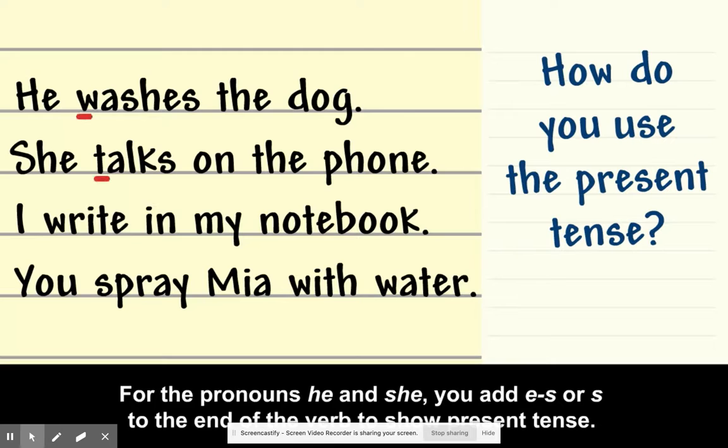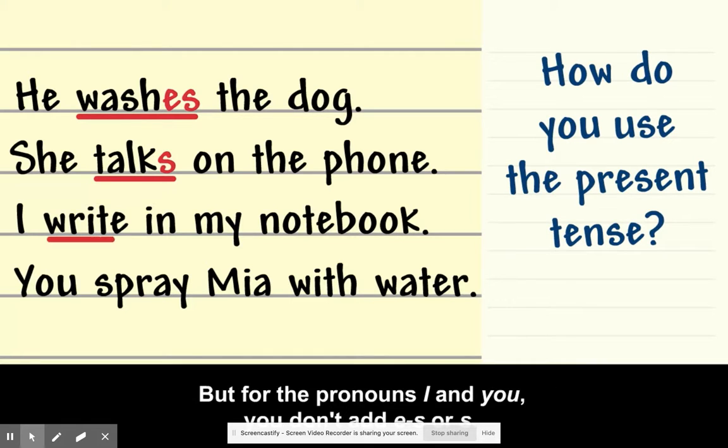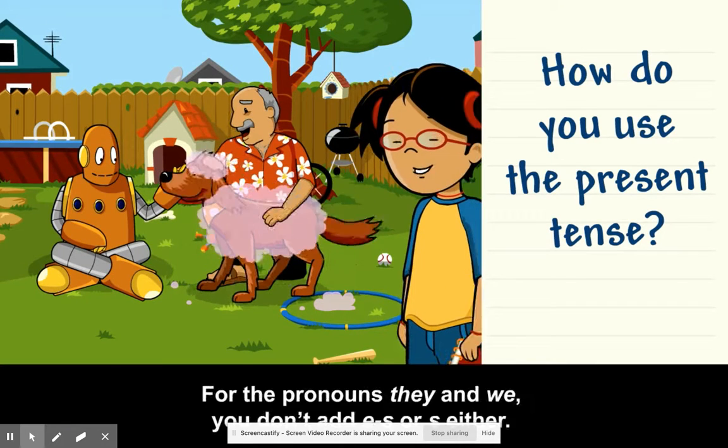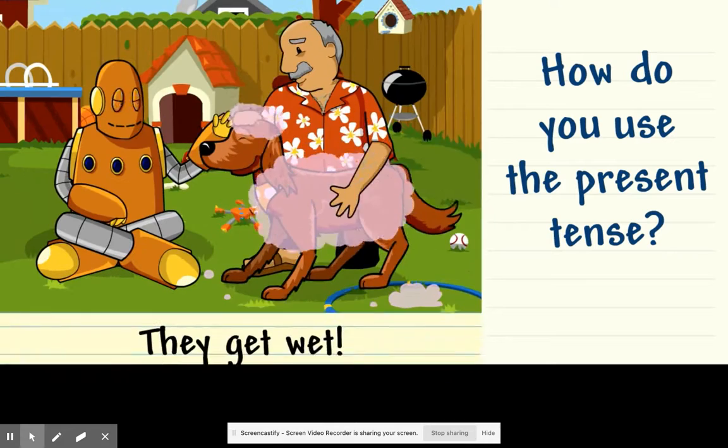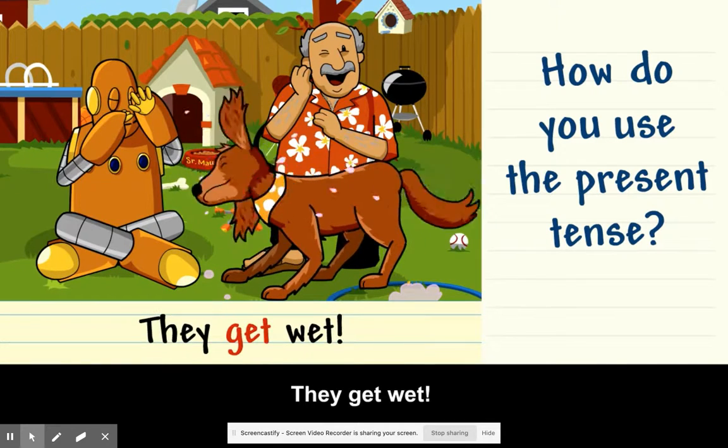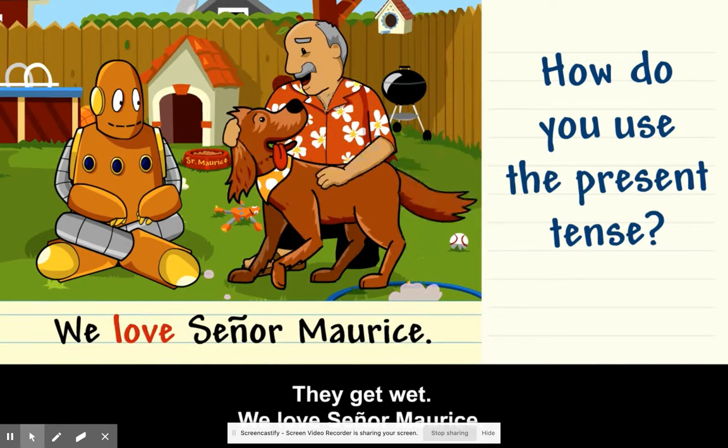For the pronouns he and she, you add es or s to the end of a verb to show present tense. But for the pronouns I and you don't add es or s. For the pronouns they and we, you don't add es or s either. They get wet. We love Senior Maurice.